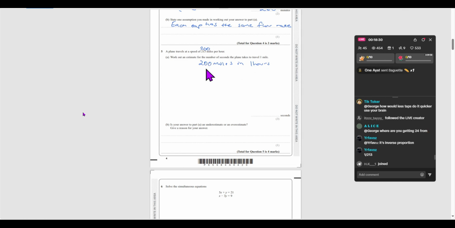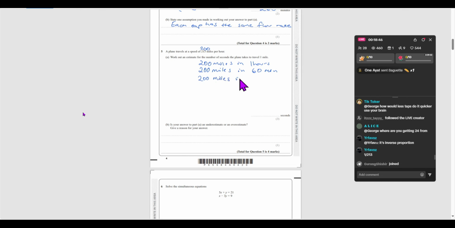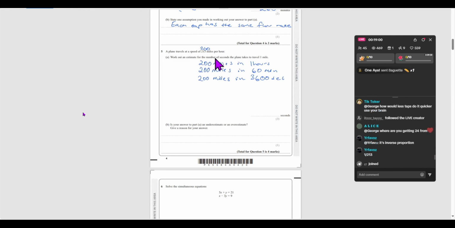That means it will travel 200 miles in 60 minutes, because 1 hour is the same as 60 minutes. I just converted this, okay? So that would be the same as 200 miles in 3,600 seconds, because I just converted the minutes into seconds. Now we need to work out how many seconds it takes to travel 1 mile.